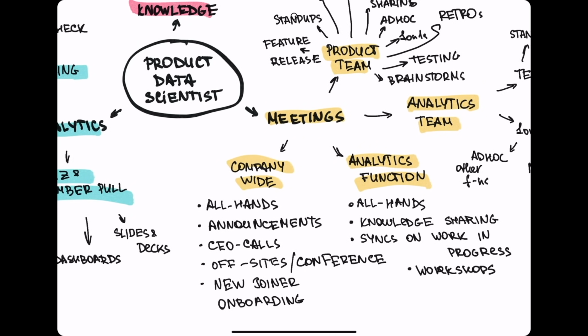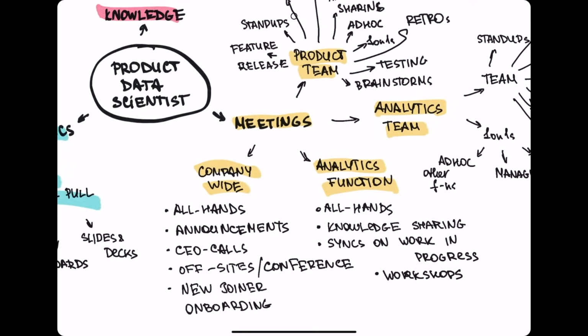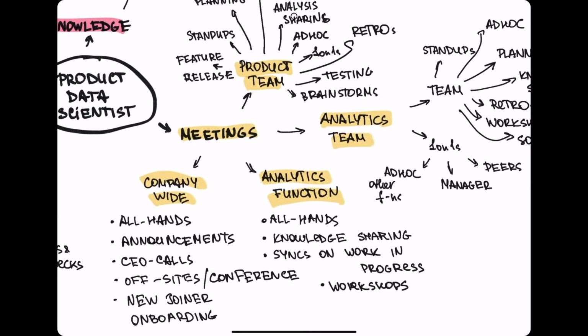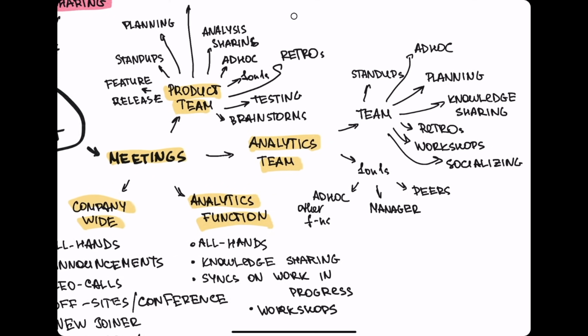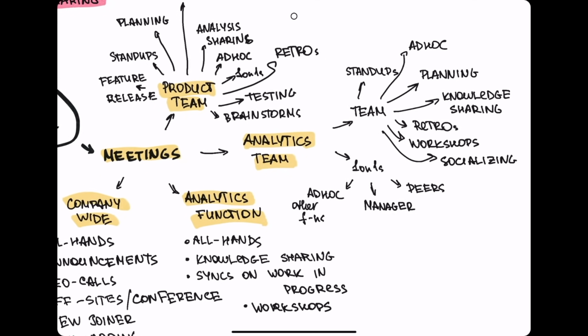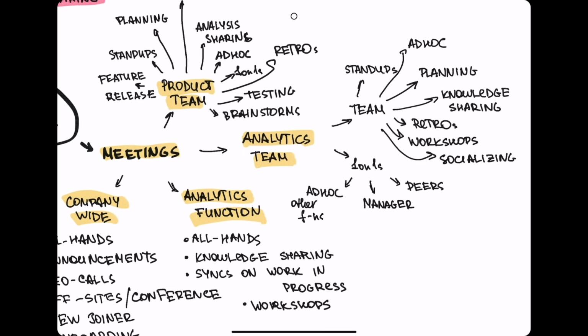Then there is the analytics team. This is your immediate team of data scientists and researchers that you work with. Usually it's not that big, from 2 to maybe 15 people tops. Those meetings are stand-ups that you have multiple times a week, where you just share what you will be doing the following week.